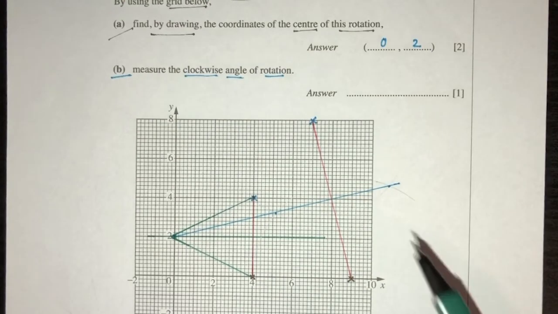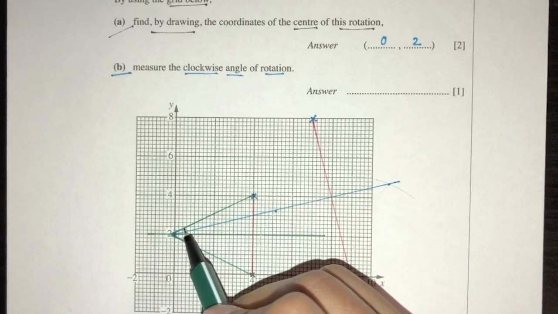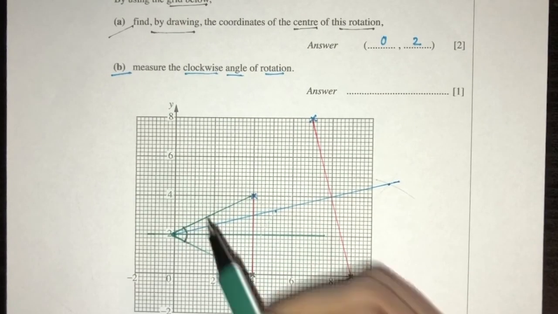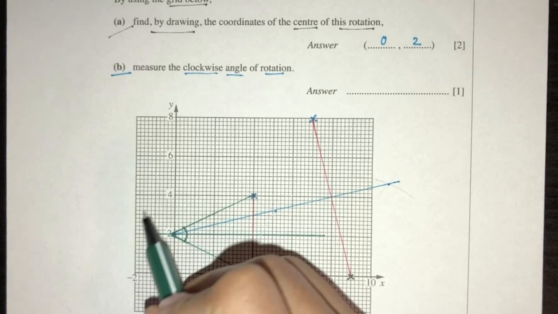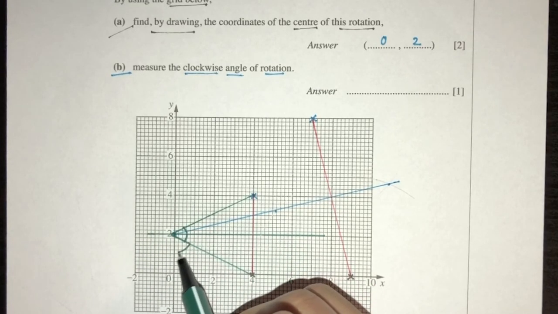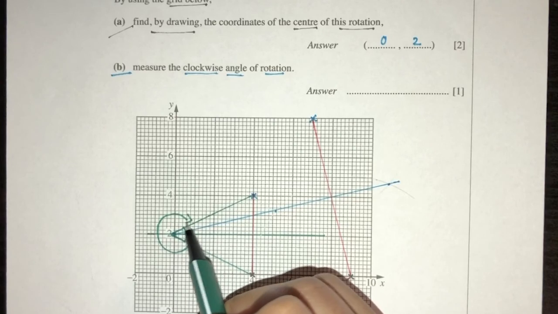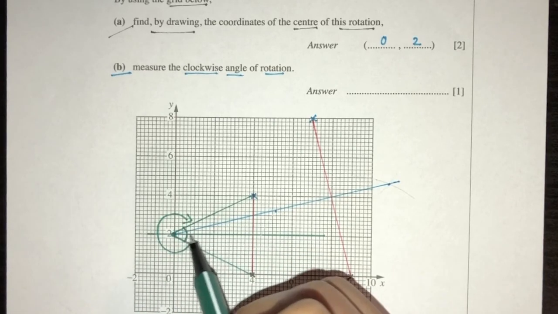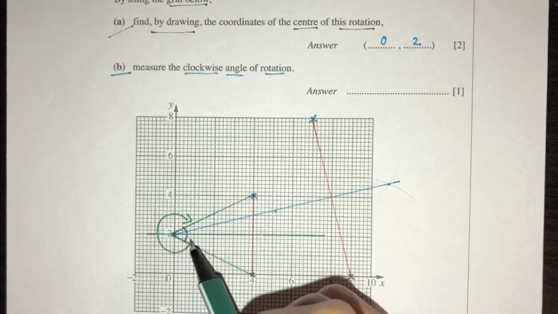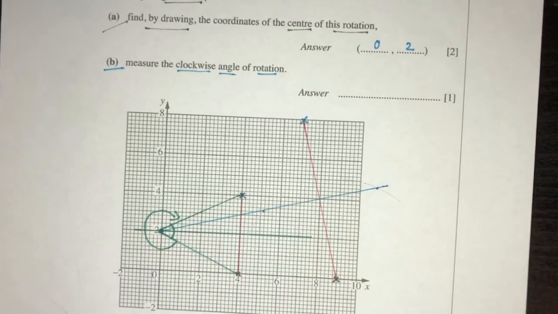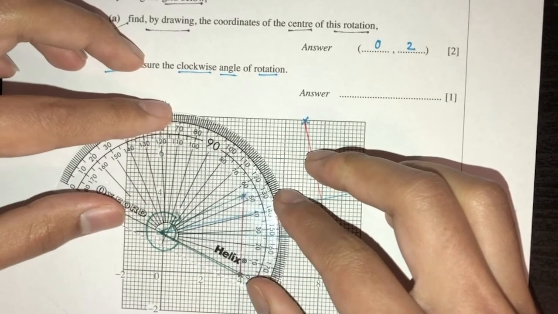So from that, we have to first measure this angle so we can find the clockwise rotation. So our goal is to find this angle, but to find this, we can just find this and take 360 minus this to find this one for a clockwise rotation. So just measure this one.